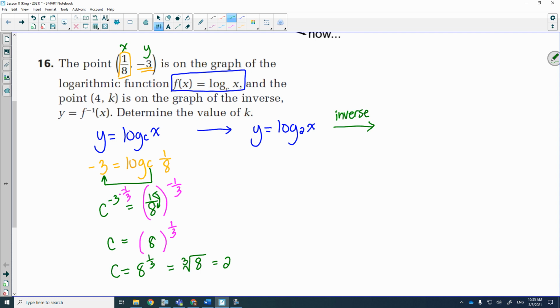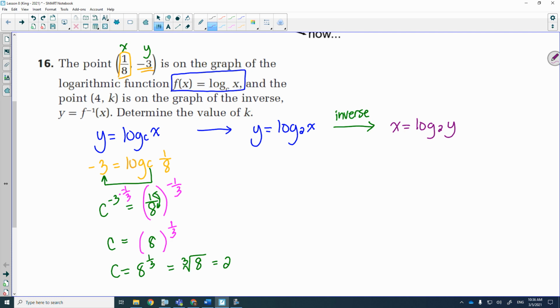Logan, how do you get the equation of an inverse? What's the first step? Switch the y and the x. So that would give us x is equal to log base 2 of y. And then from here, step 1 is always switch x and y. Step 2 is isolate y. AJ, how would I isolate y?